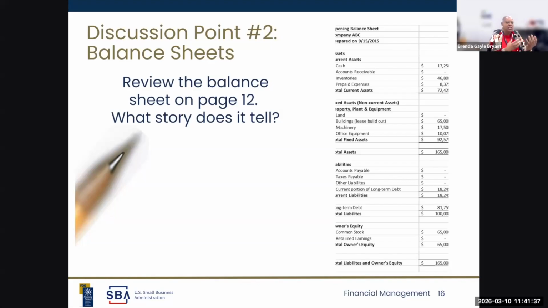Okay. So when I'm looking at my assets, they break them down between what's called current assets and fixed assets. A current asset simply means, what do I have that can be converted to cash easily within a 12-month period?